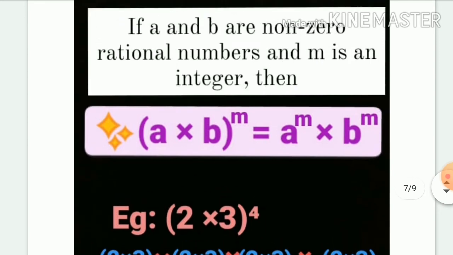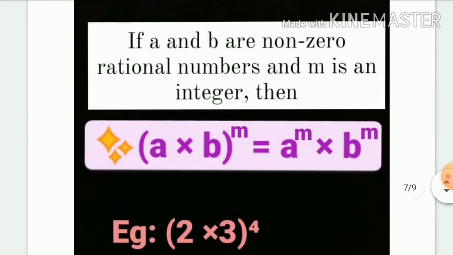See, if two different bases are multiplied with a common index, it will equal what? That index will be applied individually to both the bases.